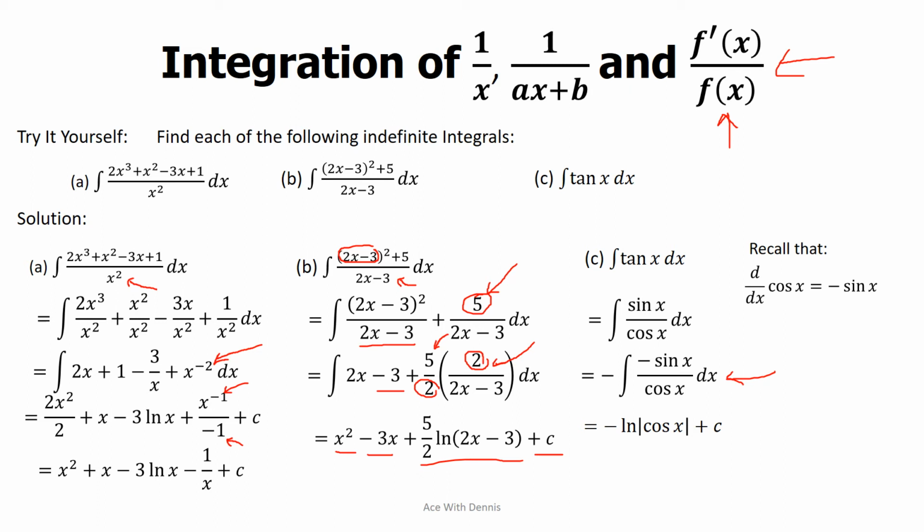Notice that we have a modulus sign here because cosine x's largest value is positive 1 and smallest value is negative 1, but the body inside the ln shouldn't be a negative value. So we have to put a modulus sign.